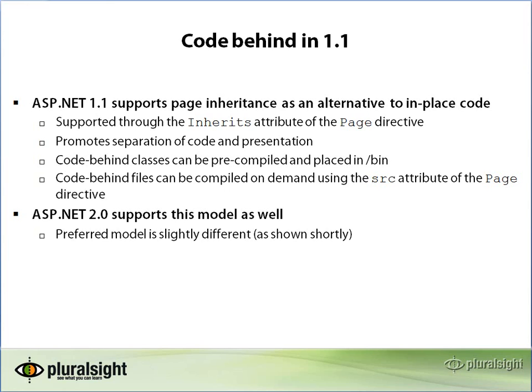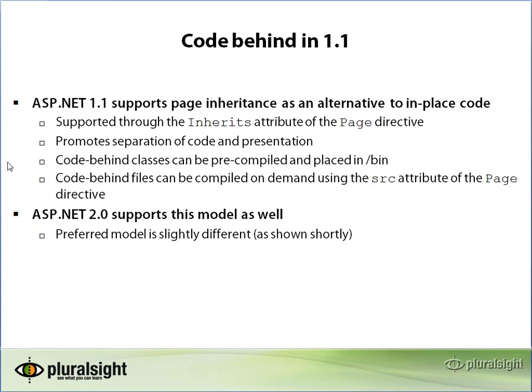So this is a technique for separation of code and markup that ASP.NET has had in place since its inception. And there are two techniques. There are two implementations of it, shall we say. One is the original implementation, which is what came out with ASP.NET 1 and 1.1. And the other one is the 2.0 version, which is a slight different variation on it, which uses the partial class mechanism.